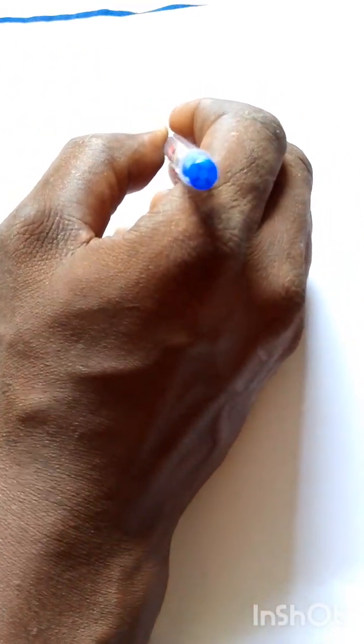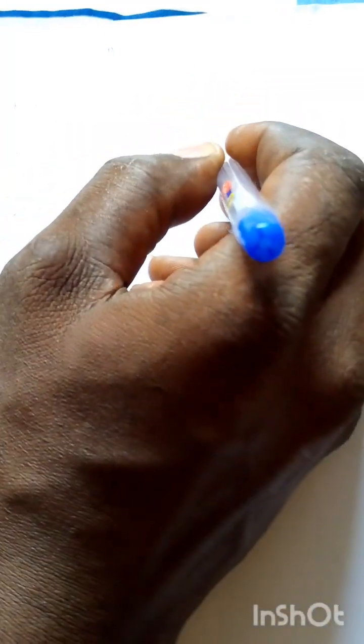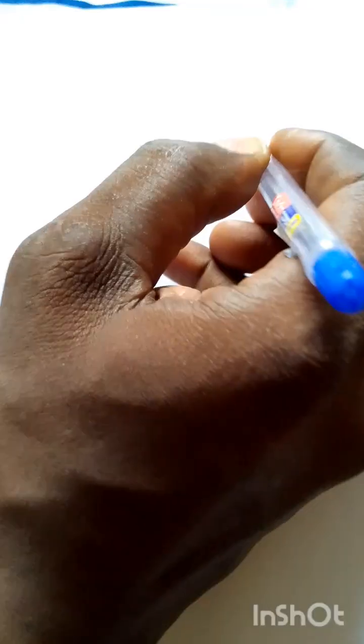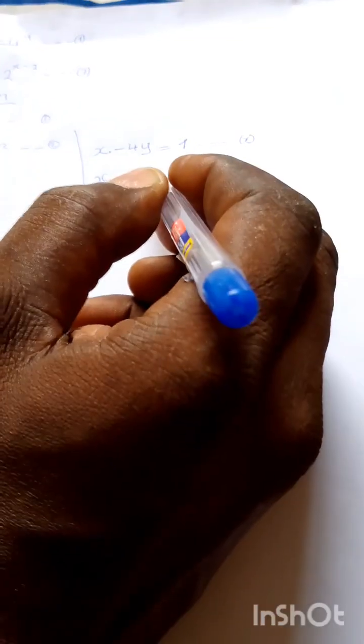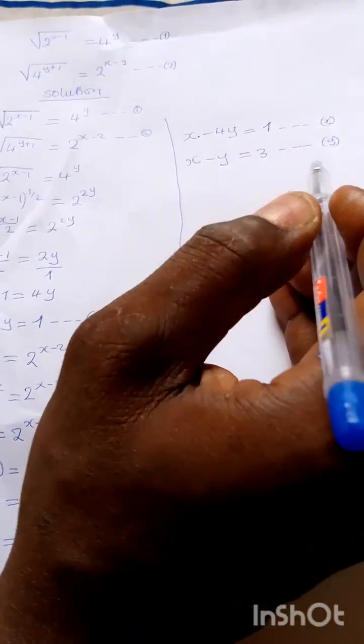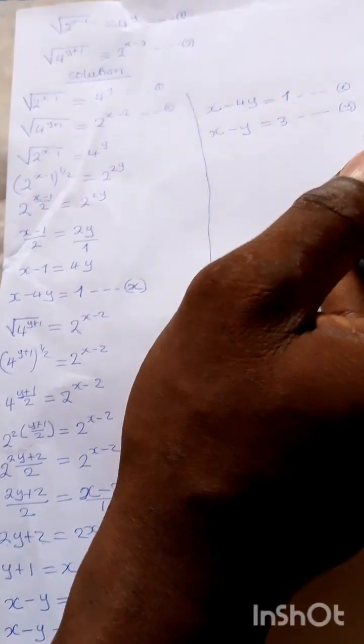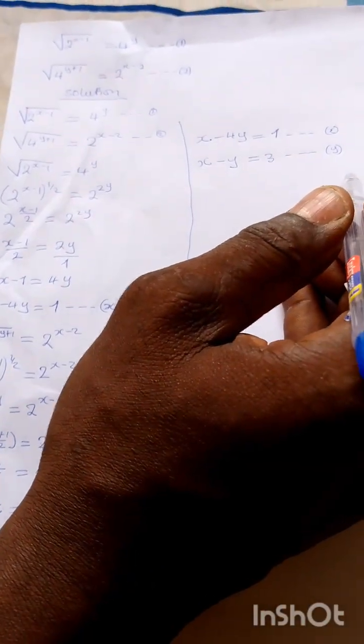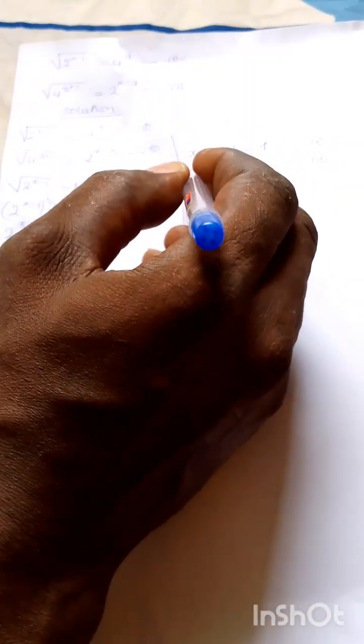So the first equation is x minus 4y equals 1, which we call equation x. While the second equation is x minus y equals 3, which we call equation y. Okay, now we can solve these two equations simultaneously by just subtracting them. We subtract this equation. This one will go. This one becomes 0.